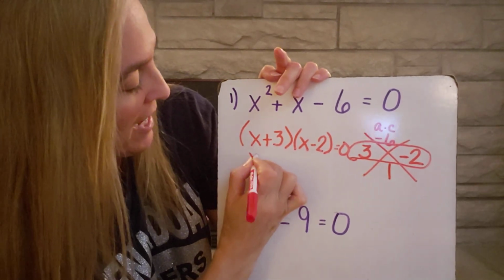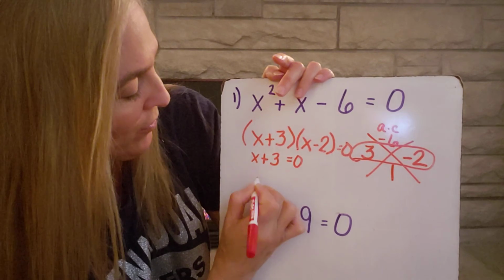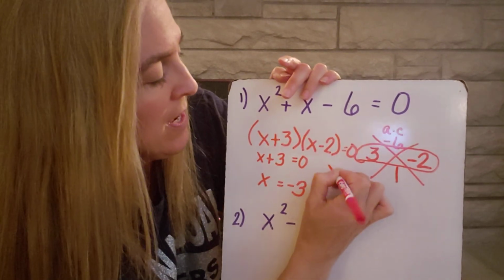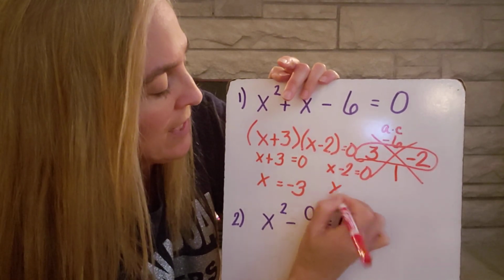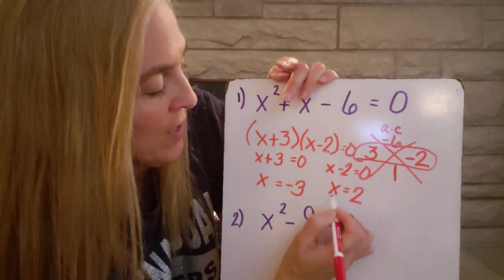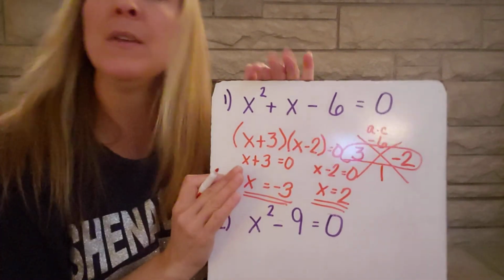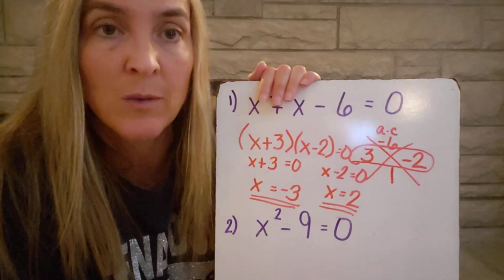And we can simply say x plus 3 equals 0. Subtract 3 from both sides, and x is equal to negative 3. x minus 2 equals 0. Add 2 to both sides, and x is equal to 2. So those would be our 2 answers. So on this one, I would factor, just because I like to do that if possible.